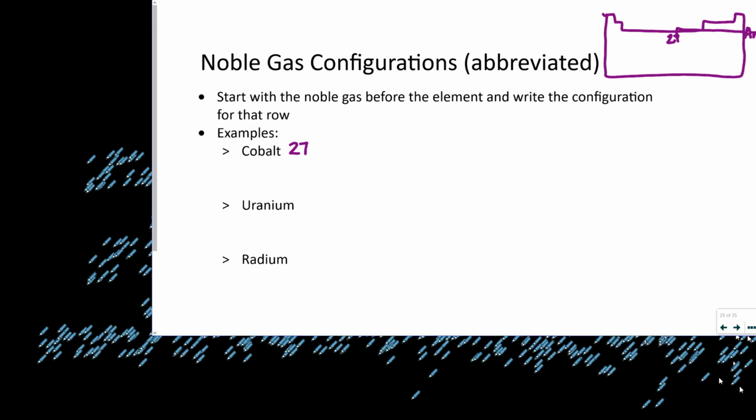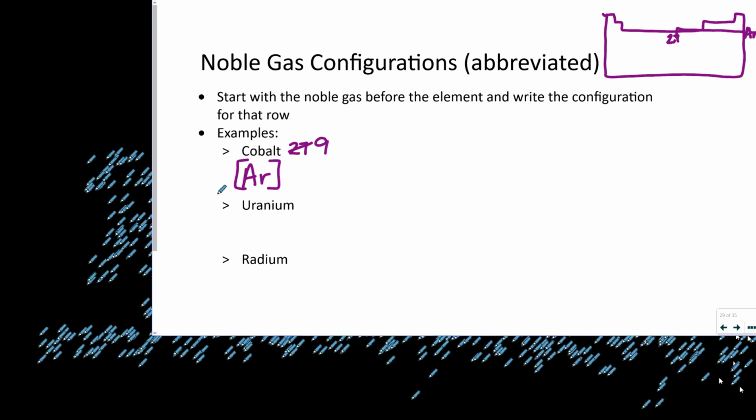So to signify that argon's the noble gas before cobalt, we write the symbol of argon in brackets. That accounts for 18 of our 27 electrons, just by having that symbol there. So we can subtract 18 from our overall count, and that means that we only have 9 electrons that we have to place.